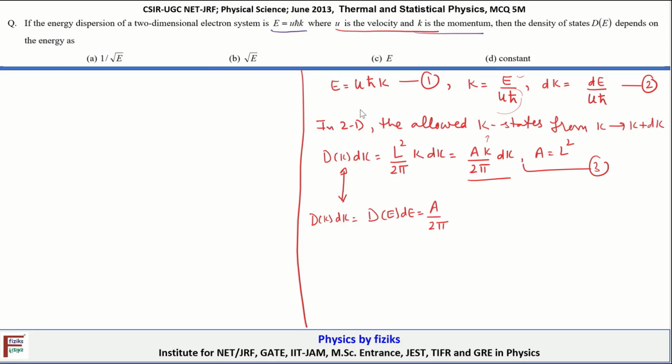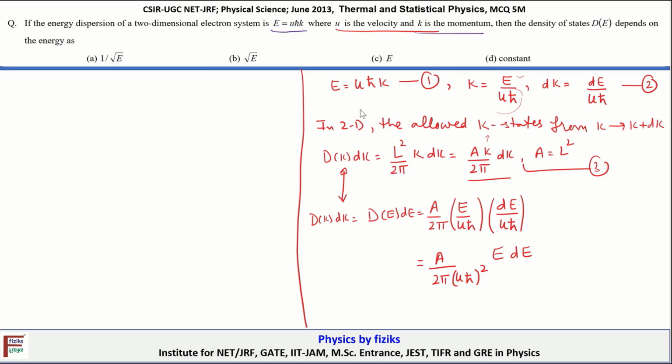So k is equal to E upon ħU, and then multiplied by dk. dk is equal to dE upon ħU. So now this is equal to basically A upon 2 pi, and then (ħU) squared, multiplied by E dE.